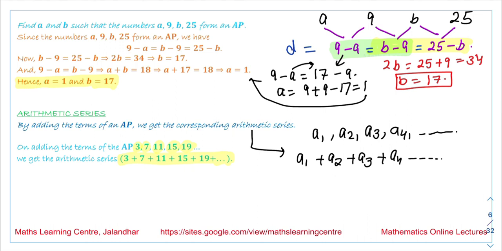Next is to find the general term of an arithmetic progression.